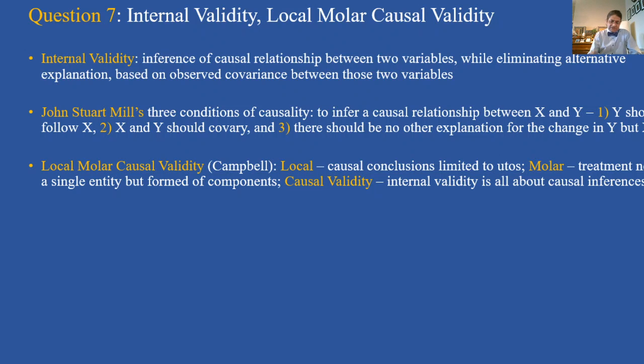Now, to support such causal inference, three conditions have been specified by John Stuart Mill that we saw in the last chapter. To ensure these three conditions are met, researchers have to ensure that for a causal relationship between a variable x, which is say a treatment, and variable y, which is an outcome, a researcher should show that y follows x, that is the outcome follows the treatment.